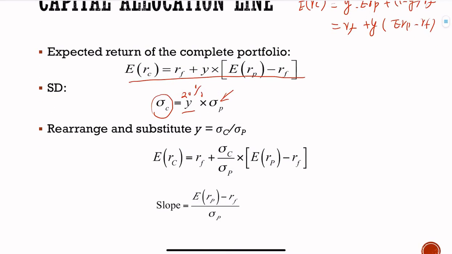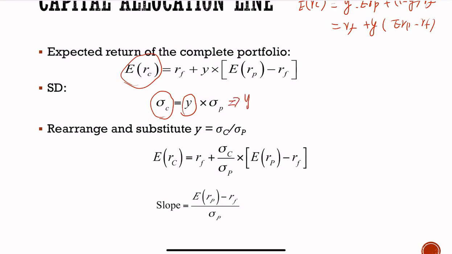So we are talking about this because we want to find out a formula for this capital allocation line, right? How do you get this formula? Well, to get this formula, you want to remove this y, because we want to find out how RC and sigma C are related. Right?